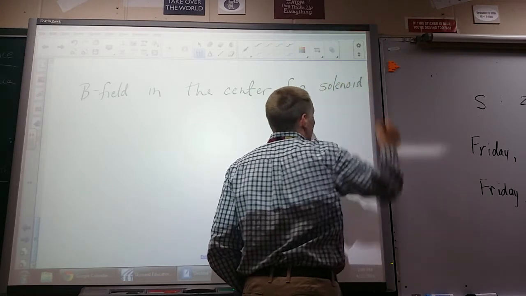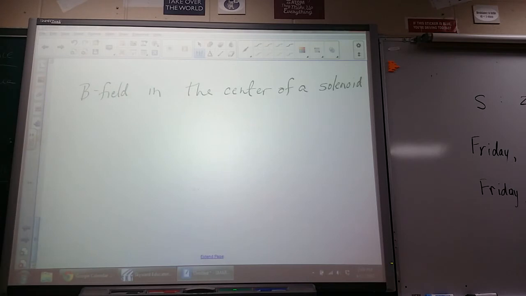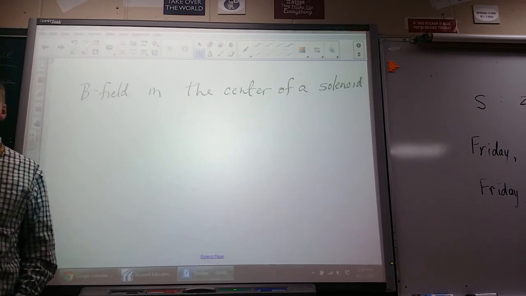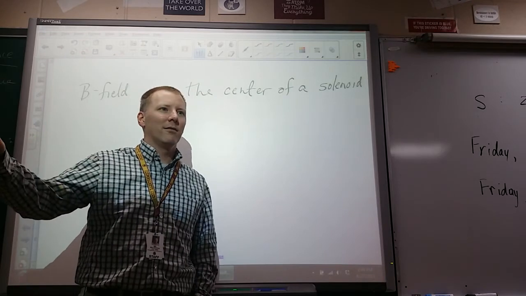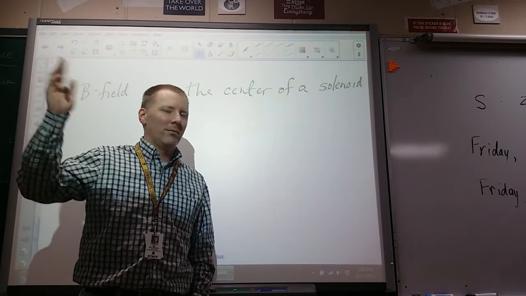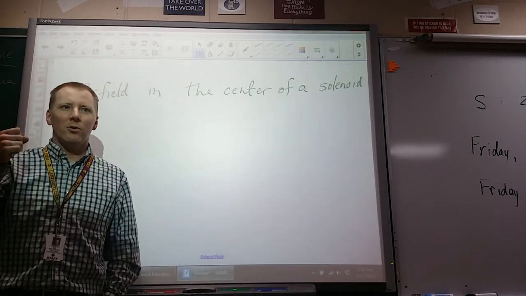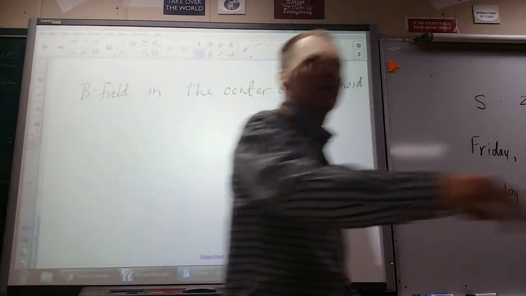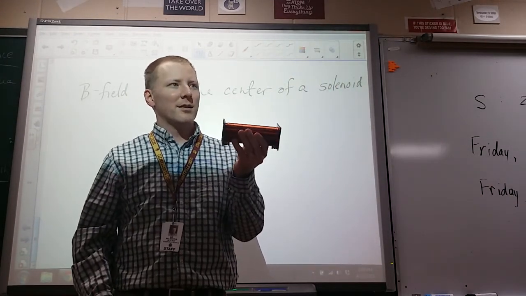Solenoids are actually used a lot around us. I always know that when dinner's on the table and I hear this click from the kitchen, we forgot to turn off the oven. That's a solenoid. So a solenoid is one of these long cylinders with loops in it.